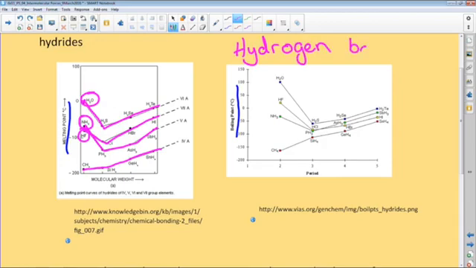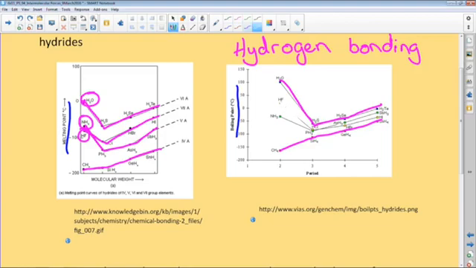What about with their boiling points? Exactly the same thing. Here's our carbon going to silicon, germanium, tin. Nice, steady increase. Look at our water. High. H2S, low. H2Se, getting a little bit higher. H2Te, getting higher. What about our HF?